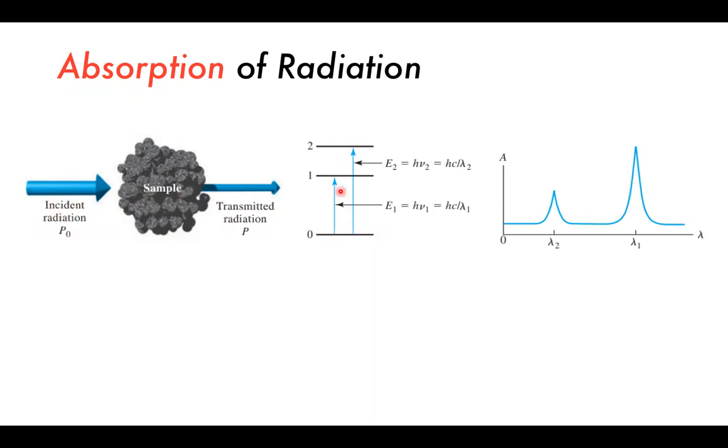And so it will go from the ground state to the first excited state and the second excited state. So these energy differences, E1 and E2, are equal to h nu1 and h nu2. Since we know the frequency nu1, we can find the wavelength, and then that can be transposed onto a spectrum like so, so that we can see the wavelengths which are absorbed.